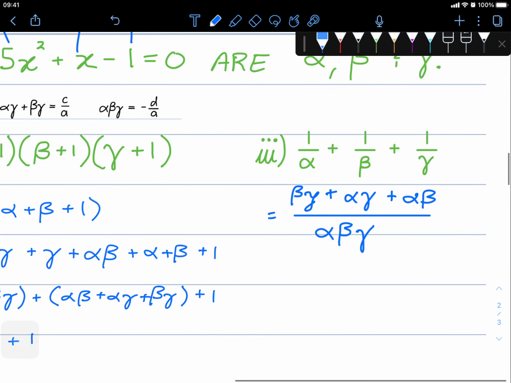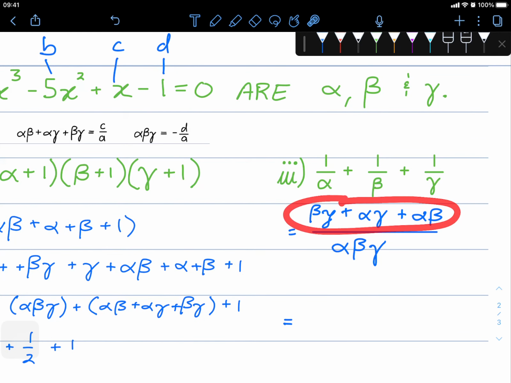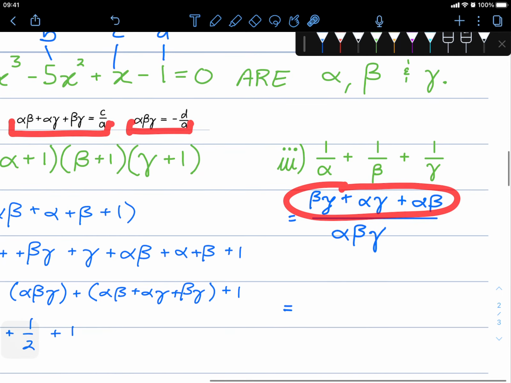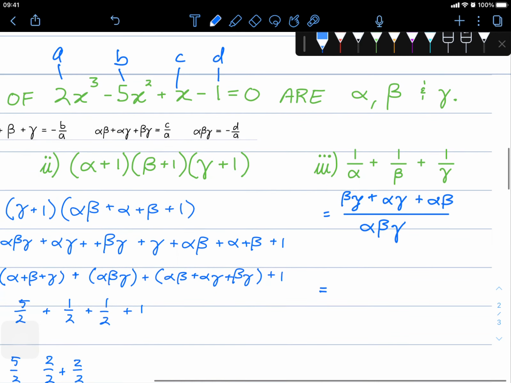And now take a look. We have this expression, which is the sum of these pairwise products and the product of all the roots. I'm going to write this using a division symbol. So this is equal to c on a, and as we've seen, it's going to be 1 over 2.